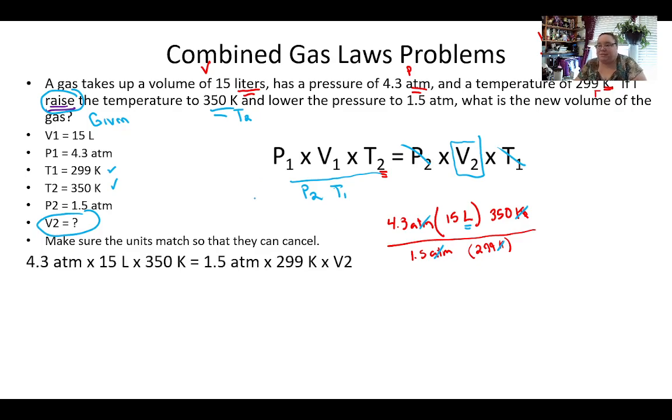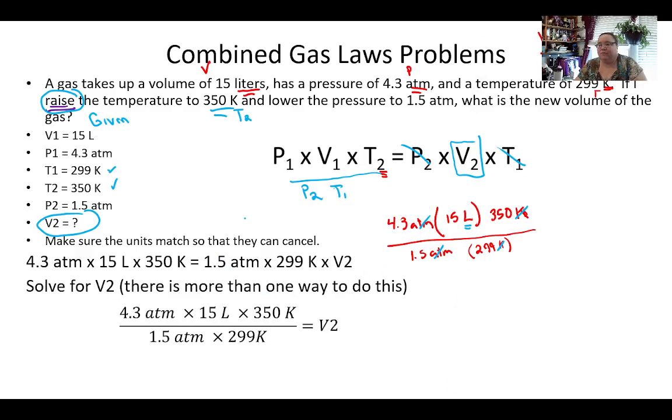Now, for some students, they prefer to plug the numbers in before they rearrange the equation. I don't care. I really, really don't care. It's whatever makes the most sense to you. So either one of those would be correct ways to show the calculation for V2.